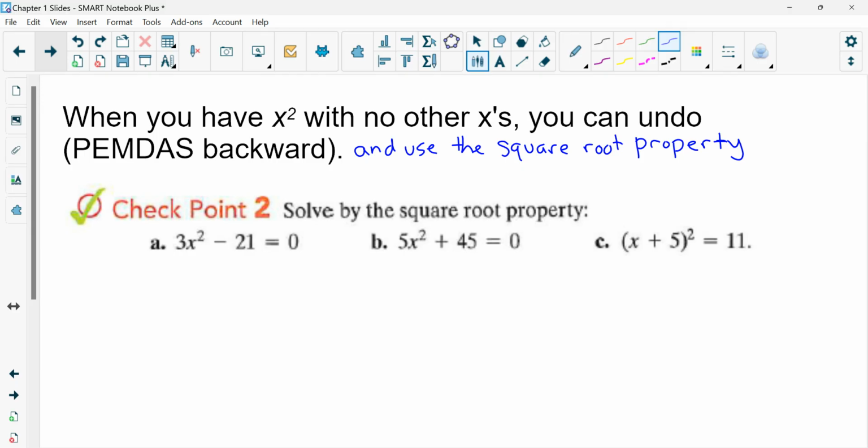All right, so as we're thinking about PEMDAS backwards to try and get these x's by themselves, we have 3x squared minus 21 equals 0. Again, PEMDAS backwards means I undo addition subtraction first. So I'm going to get rid of this minus 21 by adding 21.